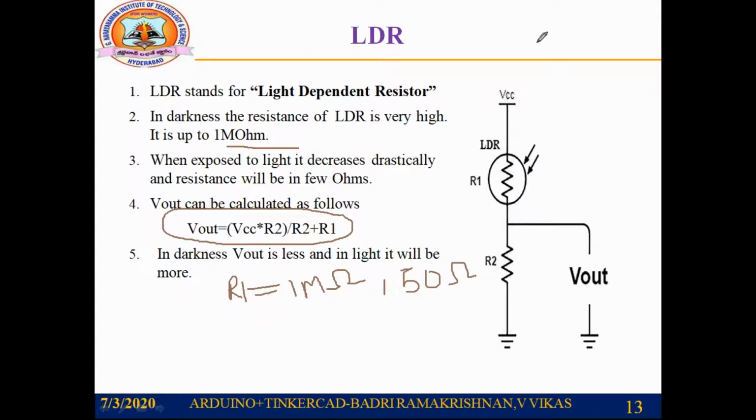I just want your responses. For example, if R1 is 1 ohm, I'll get some kind of voltage, right? Let us say in this case the output voltage I'll write as VO1, and in this case I'll write the voltage as VO2.